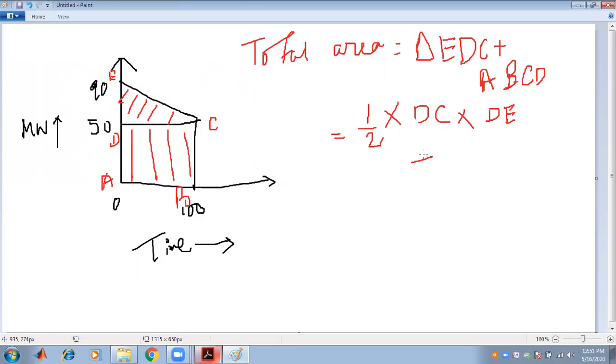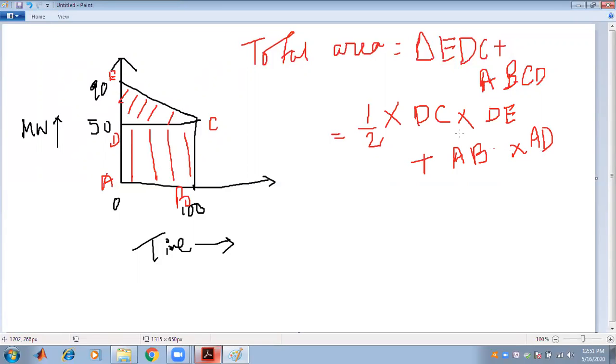And the area of the rectangle ABCD is length into breadth, AB into AD, or DC into CB. Okay.